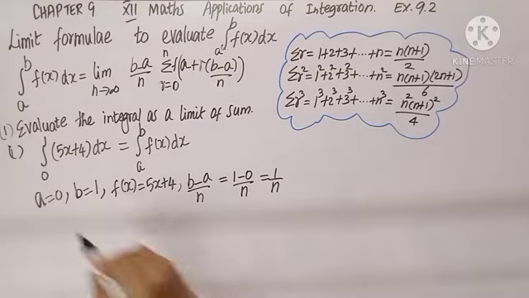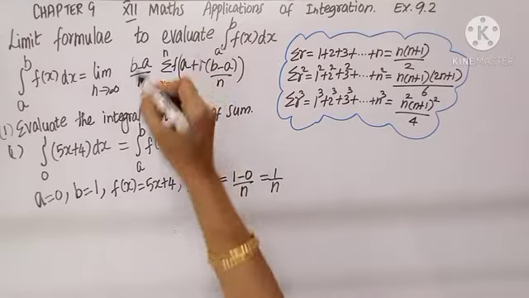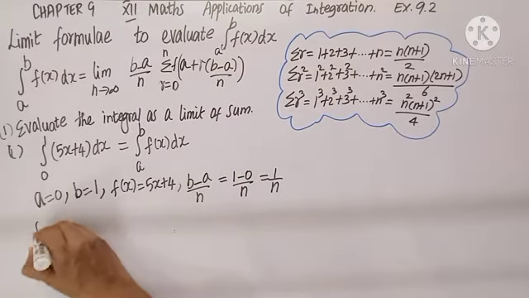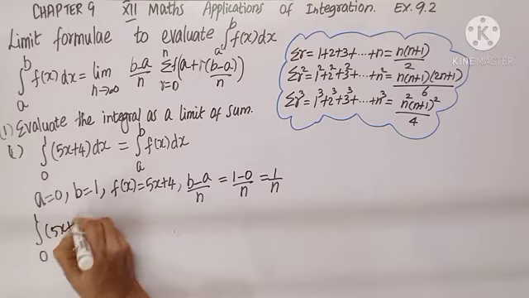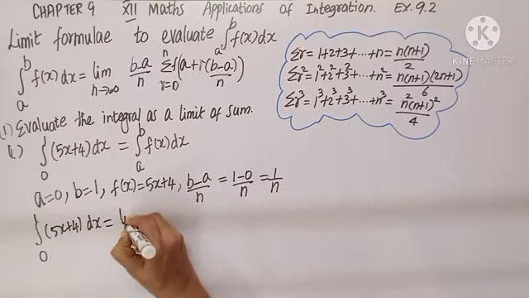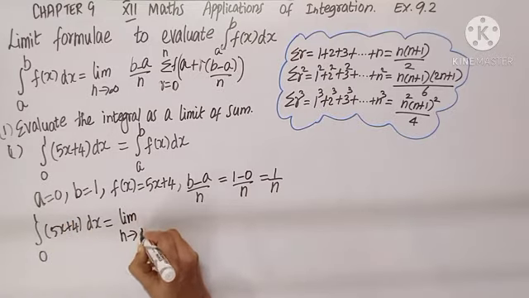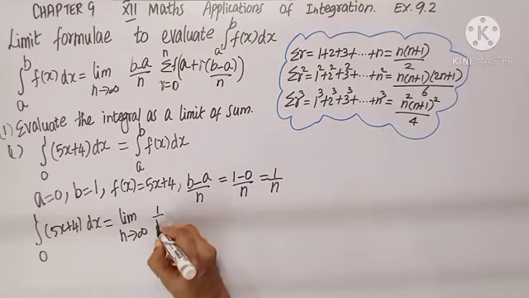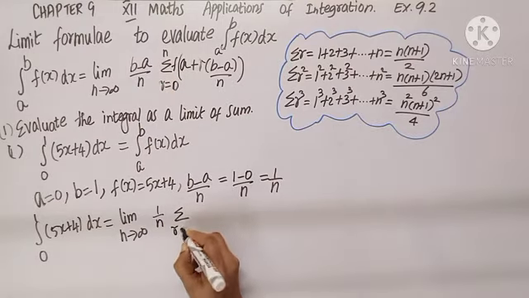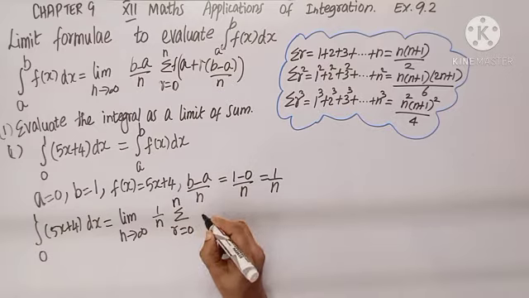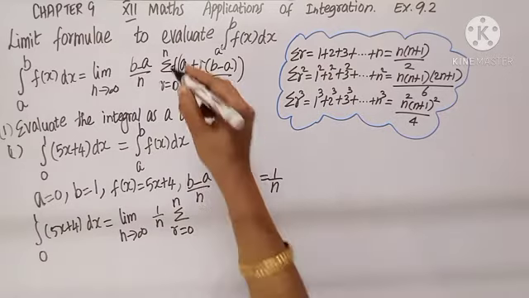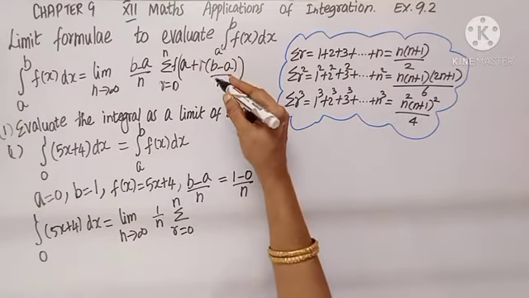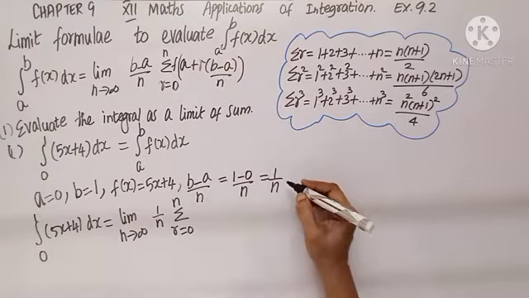As I have calculated, let me substitute in the formula. Integral 0 to 1 of 5x plus 4 dx equals limit n tends to infinity, b minus a by n, that is 1 by n, sigma r equals 0 to n, f of a plus r into b minus a by n.